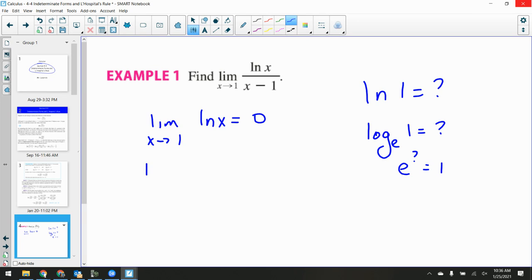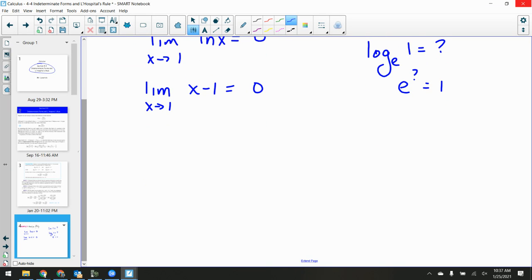Okay, so let's find the limit as x approaches 1 of x minus 1. Well, that one's a little bit easier. So this is an indeterminate form of 0 over 0. If I plugged it in, I would get a 0 divided by a 0. So that means that I can use L'Hopital's rule.